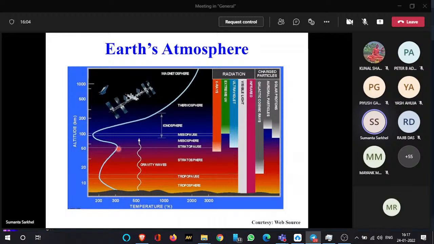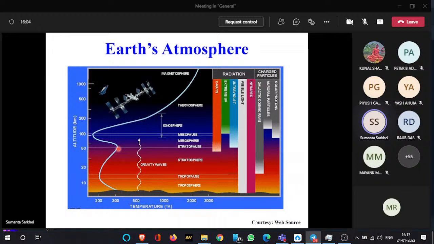It keeps on increasing. The density of ozone is quite high in the stratosphere, and the ozone molecules absorb UV radiation. Some part of the UV radiation is used up in breaking the bond of ozone into O2 and oxygen atoms, and the oxygen atom quickly recombines with oxygen molecules to form ozone again, so it completes the cycle.